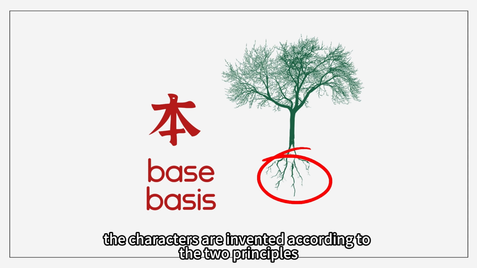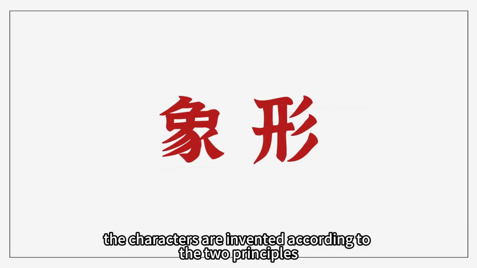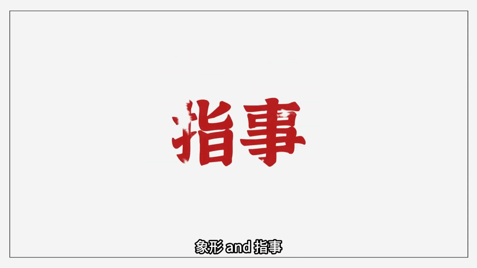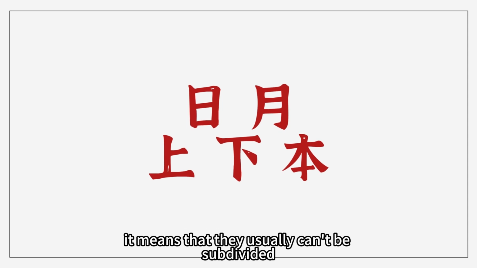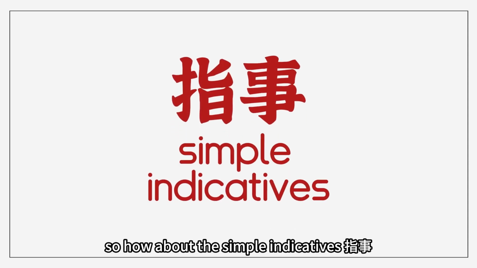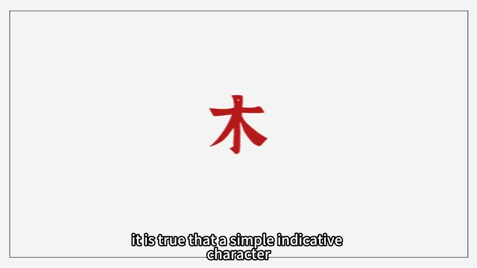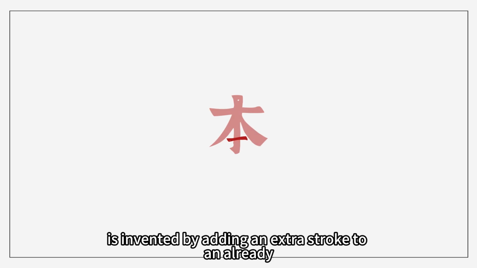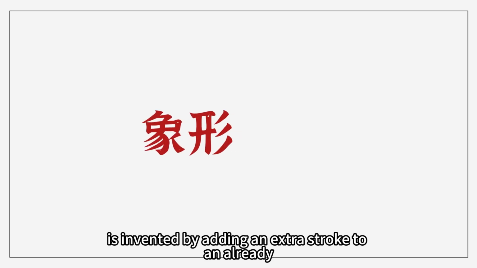The characters invented according to the two principles 象形 and 指示 are usually single-component characters. It means that they usually can't be subdivided. Well, to here you may ask, so how about the simple indicatives, 指示? It is true that a simple indicative character, 指示字, is invented by adding an extra stroke to an already existing pictogram, 象形字.